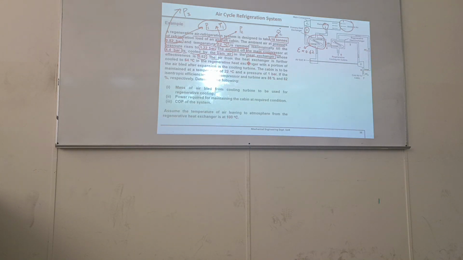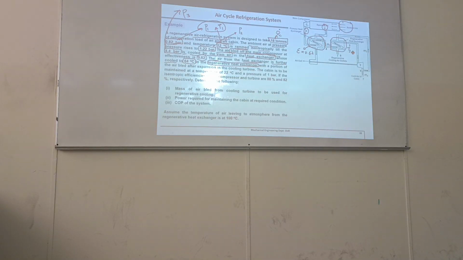The air from this heat exchanger is further cooled to 64 degrees Celsius in the regenerative heat exchanger. The second heat exchanger, this one, here it is further cooled, so it means T5 is given: 64 degrees Celsius.